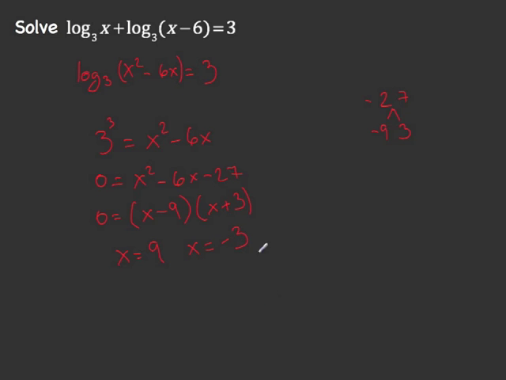Now let's think about this for a minute. There's no number that I can raise 3 to make a negative number. Everything remains positive. So that means -3 doesn't work. But let's check 9 to make sure that it does work. We have to check our answers because otherwise things may go haywire.